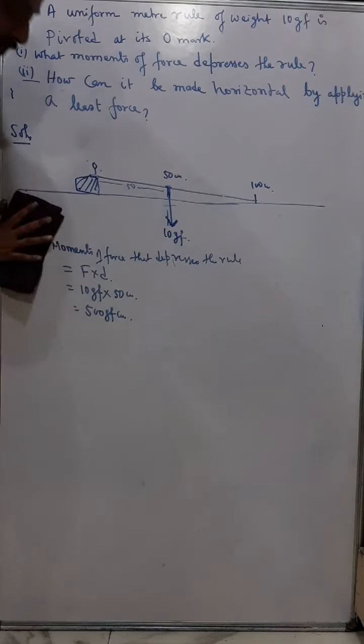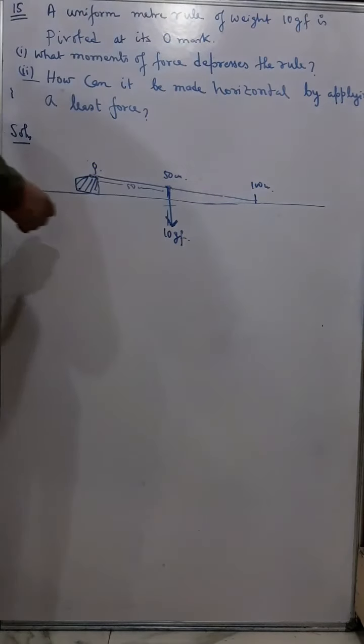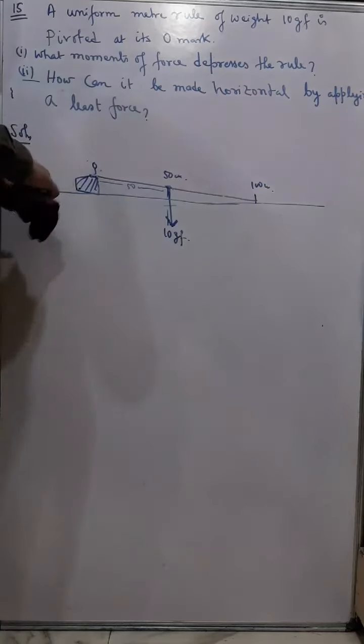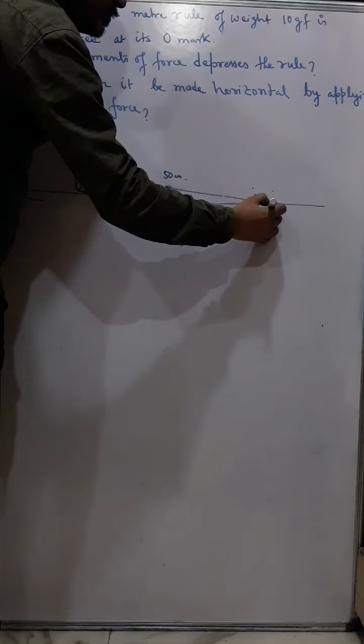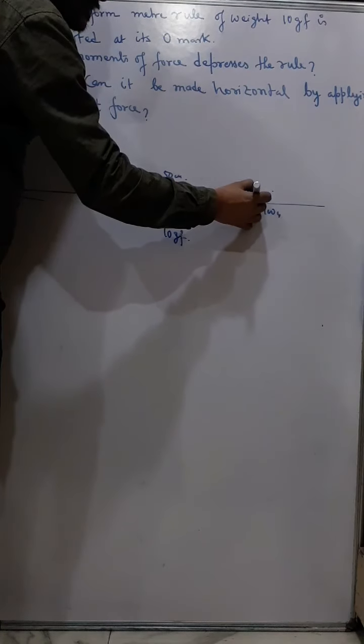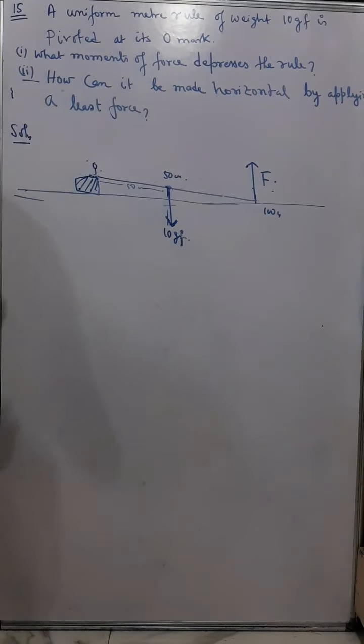So for number 2, if I want to give a least force and keep this horizontal, I have to pull this in this way. The least force should be applied in this way.